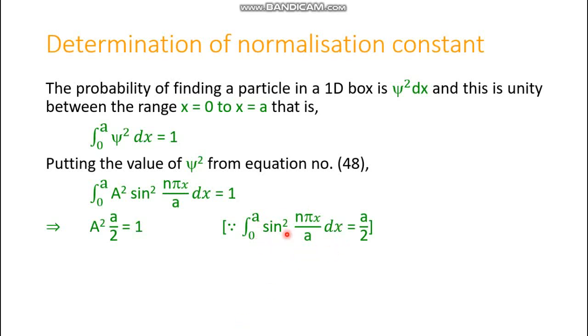Here we have shown that the integral from 0 to a of sine squared theta dx, where theta is n pi x by a, is actually x by 2, so from the limit 0 to a the value is simply a by 2. By solving this we get the normalization constant capital A equals (2 by a) to the power half, that is, the square root of 2 by a, and this is equation number 50.